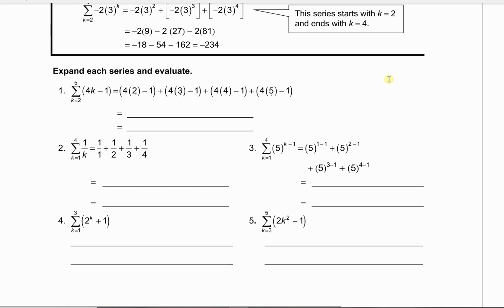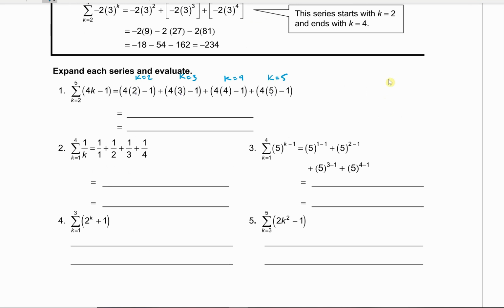So let's take a look at these. Let's work some out together. We have here the sum from 2 to 5 of 4k minus 1. So here it's k equals 2, then k equals 3, here's k equals 4, and here's k equals 5.